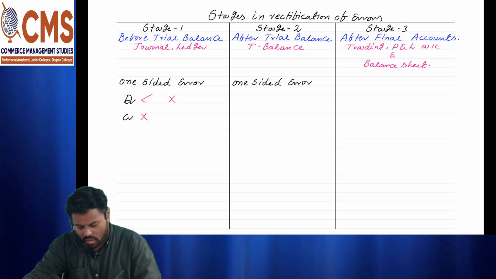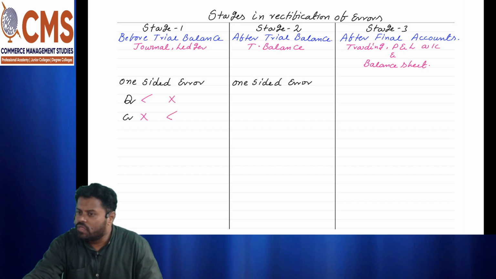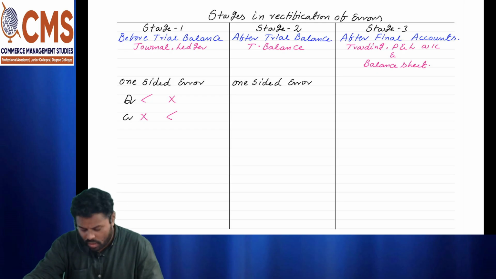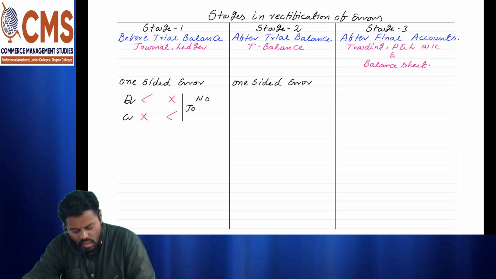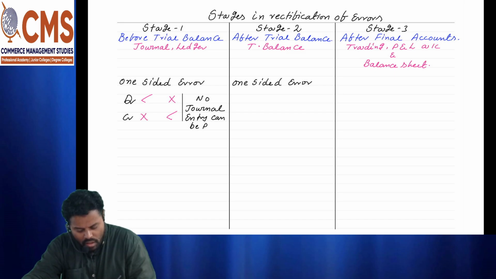Debit goes wrong, credit account is perfect. Okay. Now, in this scenario, at the first stage, no journal entry can be passed.